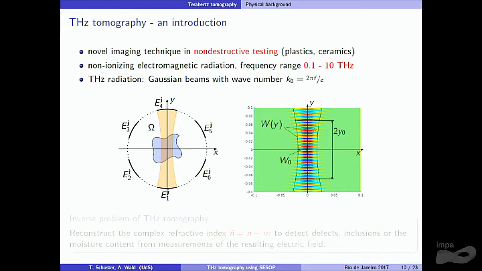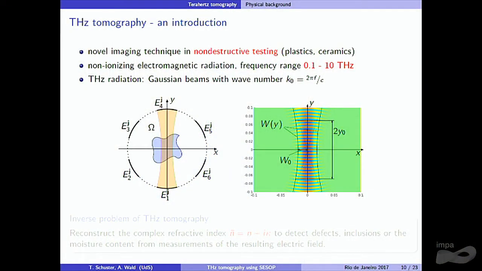These Gaussian beams solve the so-called paraxial approximated wave equation. That means you assume to have only small deviations from the direction of the wave vector. And then you come to the Gaussian beam. This is what we included in our mathematical model.